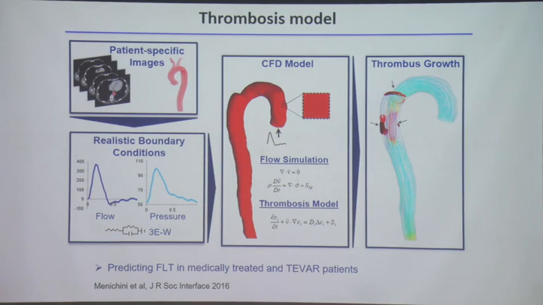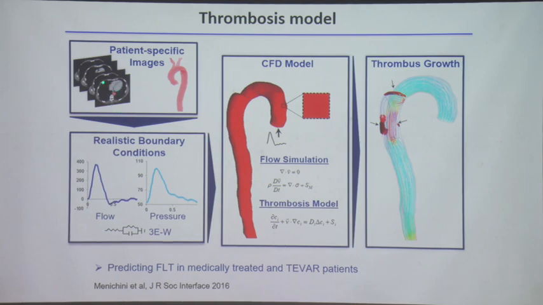So we now have some basic understanding of how the geometry and flow pattern might affect thrombus formation in idealized ALT dissection geometry. Now we're ready to apply this to more realistic scenarios like patient geometries. I went through the steps yesterday that we follow to build a realistic model, and that includes acquiring images from the patient. This shows the CT scan of a patient with dissection.